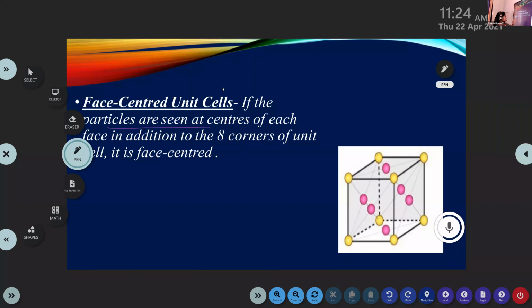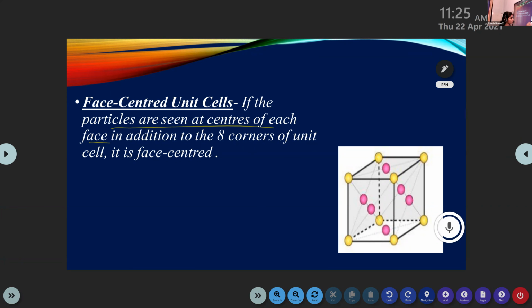In the case of a cube, there are 6 faces: 1, 2, 3, then 4, 5, and 6. Top and bottom 2 faces, then 4 faces along the sides. So there are 6 faces.